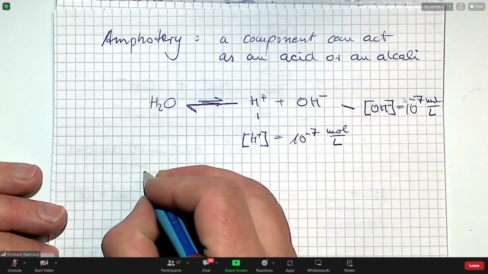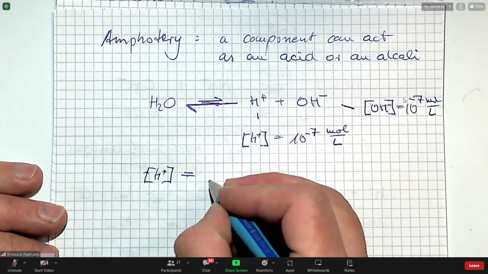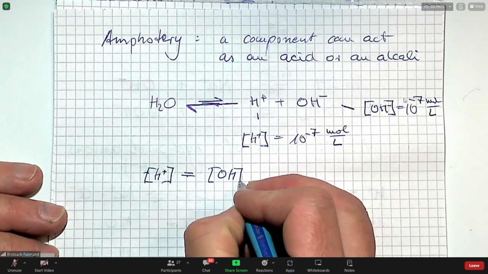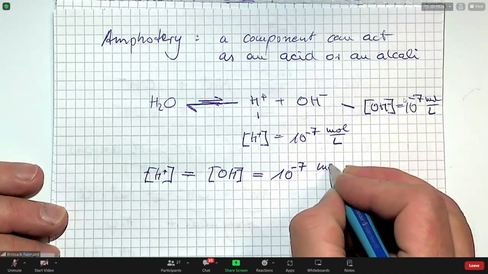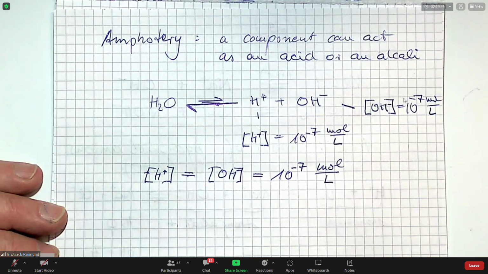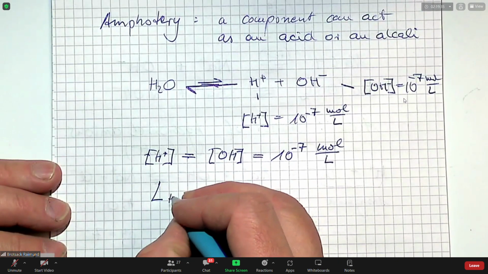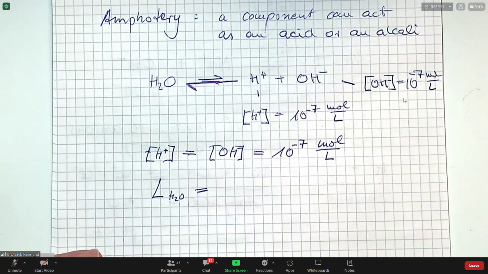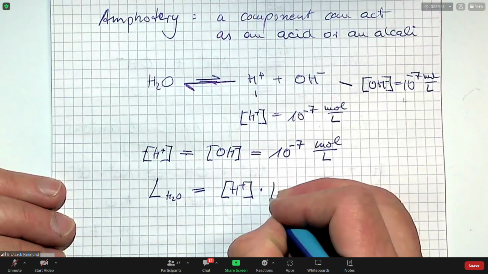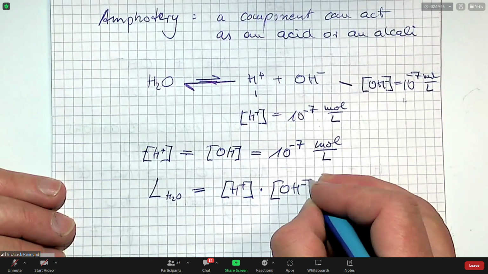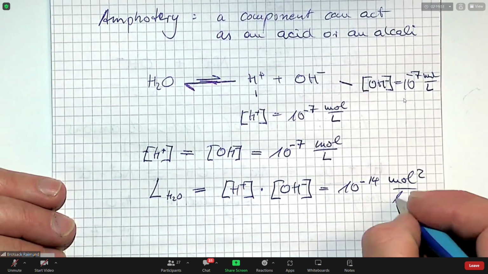So the concentration of H plus in a neutral solution is similar to the concentration of OH minus. What is the ion product of water? It is the concentration of H plus times the concentration of OH minus. It's 10 to the power of minus 14, mole square over liter square.